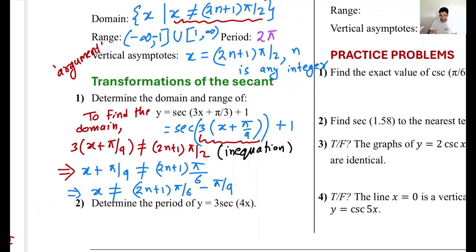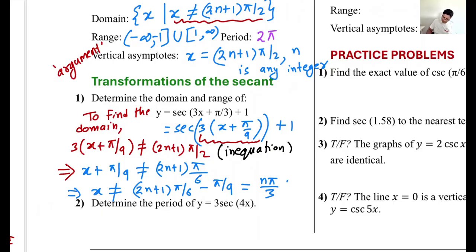Okay, and we have to simplify that last bit there. When you simplify that, I have to distribute. 2n times pi over 6 will be n pi over 3. 2 and 6 will cancel, and then it will be plus pi over 6 minus pi over 9. Take the common denominator of 6 and 9, which will be 18, and then 3 minus 2.